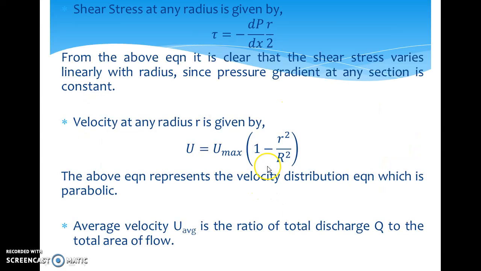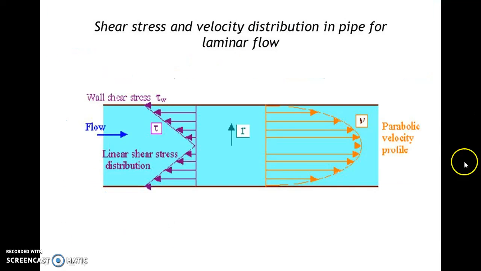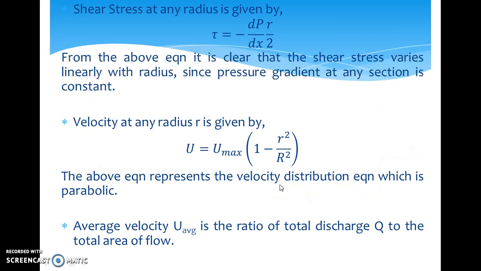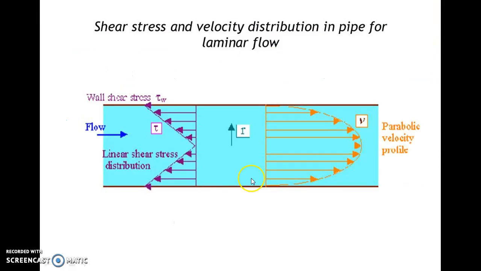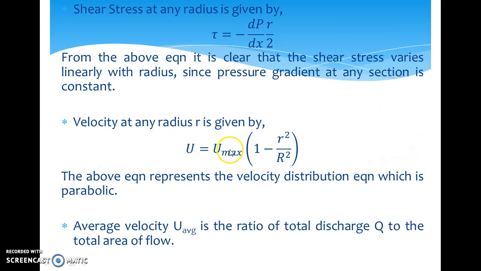If we substitute r equal to R, that is when we want to check the velocity at the wall, it becomes 0, and it is maximum at the center, where we take r equal to 0, so u equal to u max.